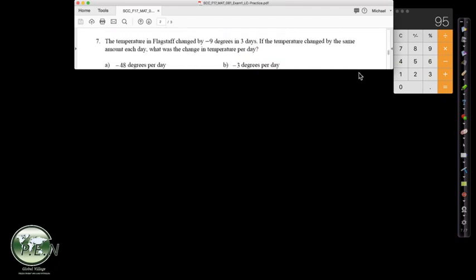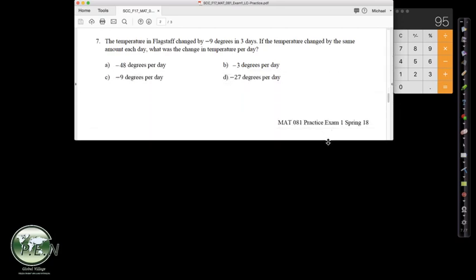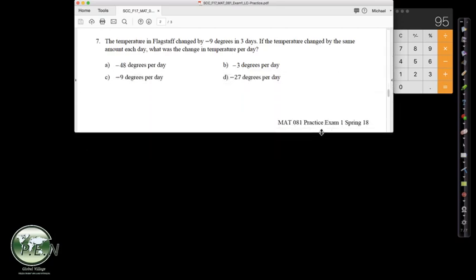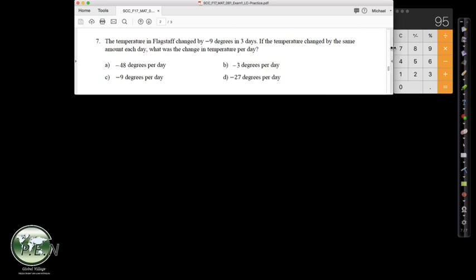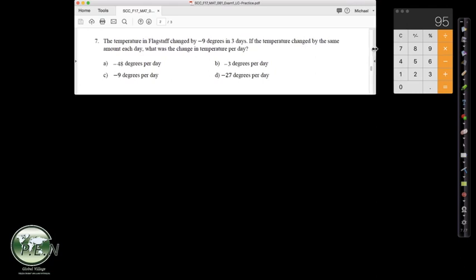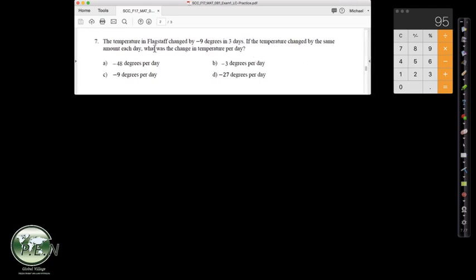Let's go ahead and look at 7. What the heck, we've got lots of room. Let's maybe give ourselves a little bit more room. So we've got a temperature in Flagstaff that changed by -9 degrees.